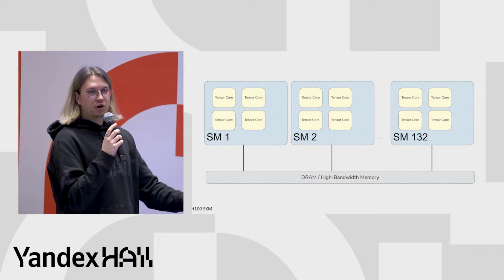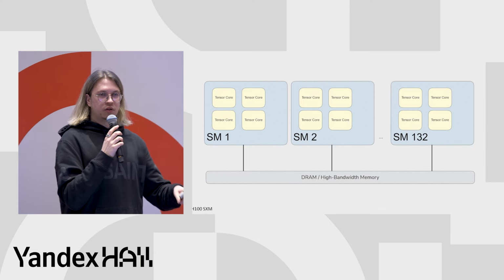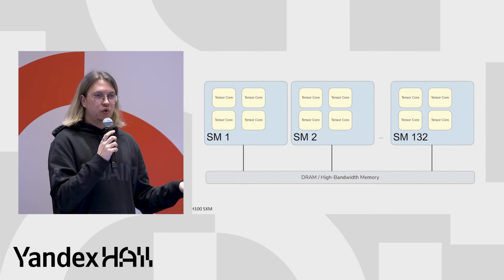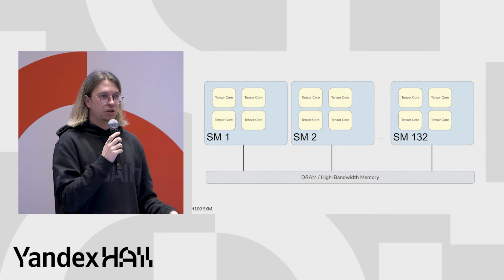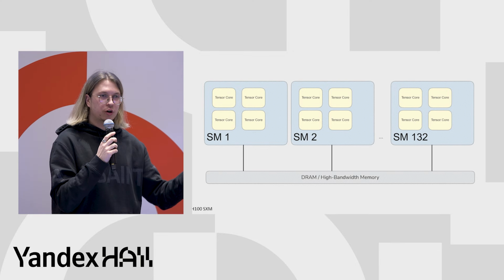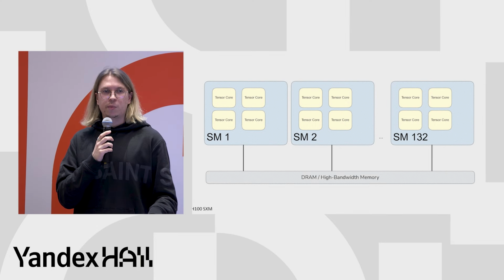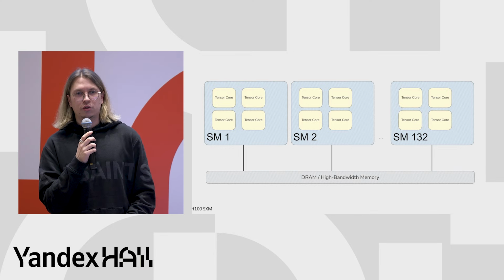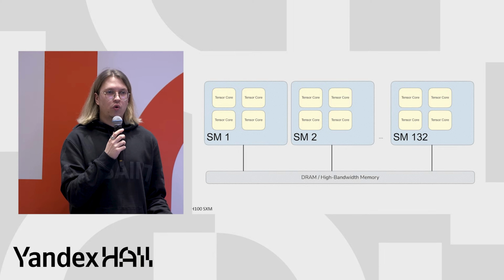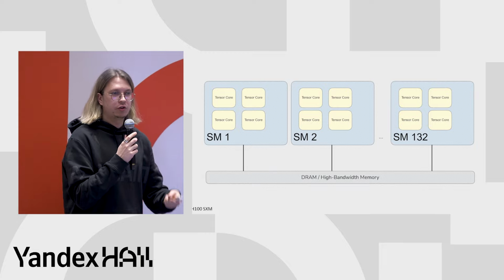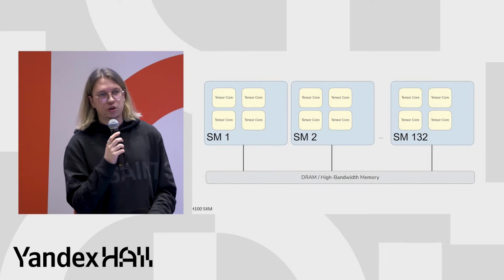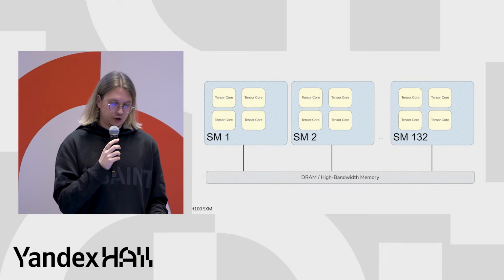And these streaming multiprocessors are independent compute units that we use to parallelize the computation and to actually perform all the operations that we care about. And inside these streaming multiprocessors, there are things called tensor cores. And tensor cores are these small compute units responsible for complex operations, such as matrix multiplication.